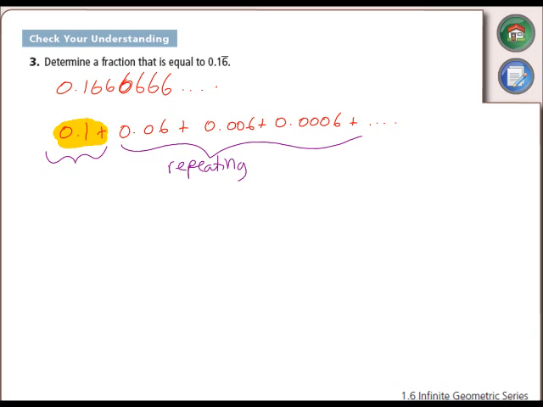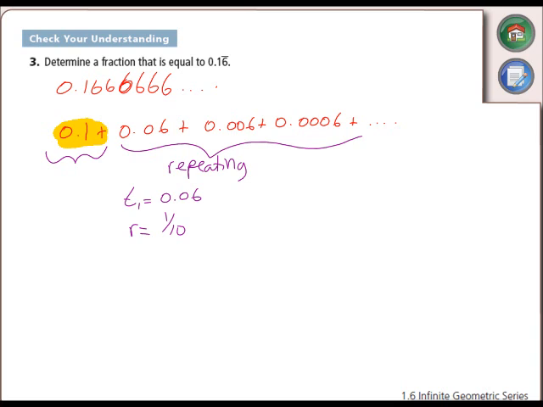So in this one, T1 is 0.06. Our ratio is T2 divided by T1, which gives us 1/10, or 0.1. Because the whole point of this is to get to a fraction, I'm not going to use the decimal 0.06.